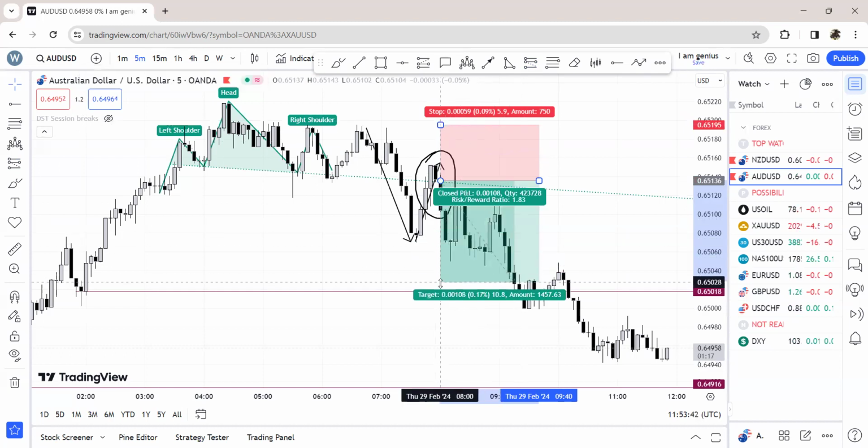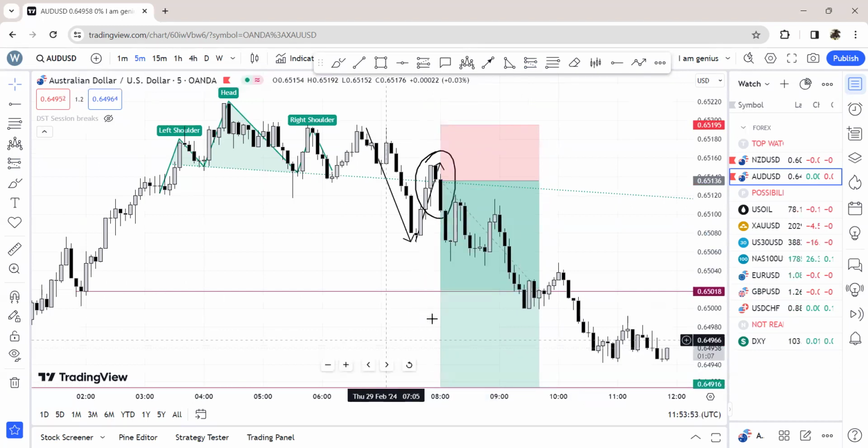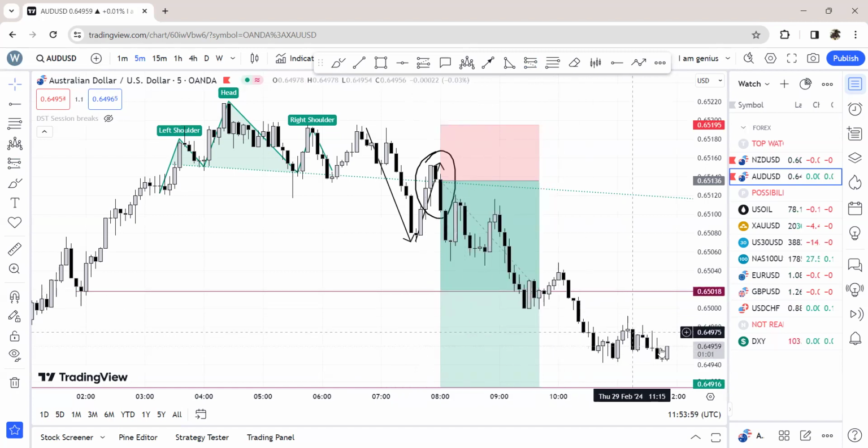Then your TP1 should be right around there, which is a risk to reward of 1 to 2. Then this will drop all the way to that level, which is a good risk to reward ratio. As you can see, the market is still moving, probably to push all the way to that level there.